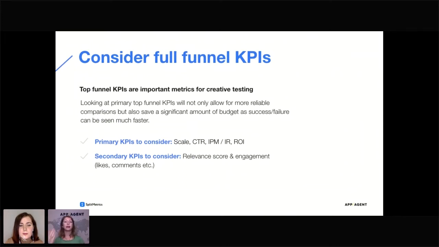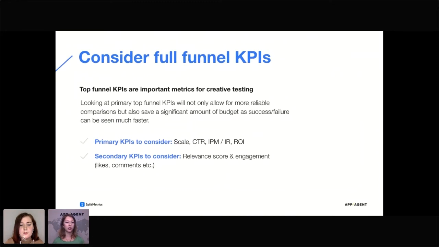So then you already are again saving money by only taking the winning few instead of all into your second stage, where you are already focusing on ROAS and again running the campaign on either event optimization or value.